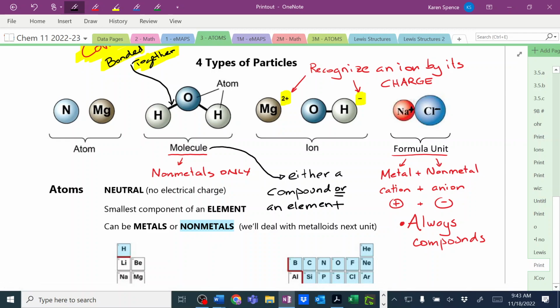Molecules are either a compound or an element. Ions can't exist on their own. You can't have just a positive hanging around without another negative somewhere.